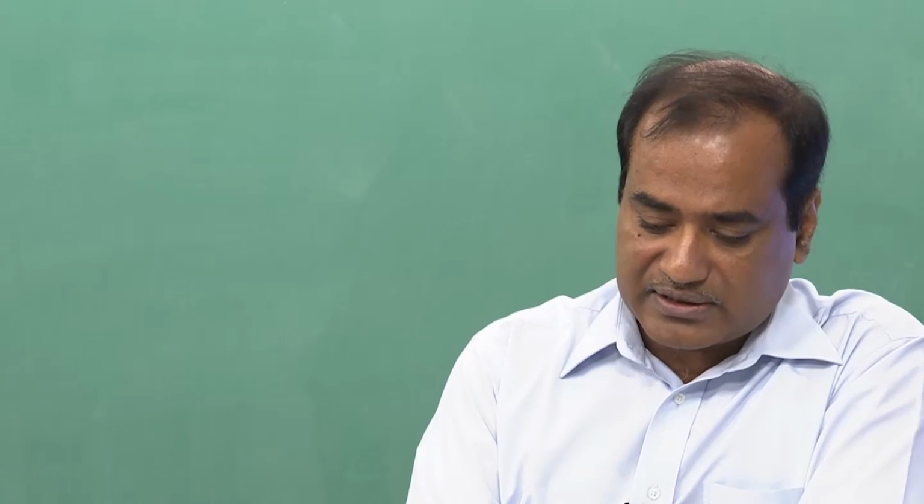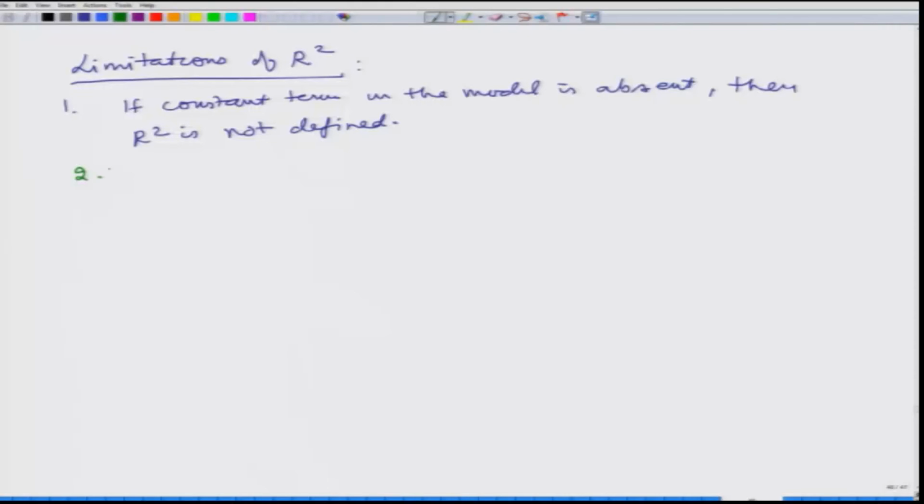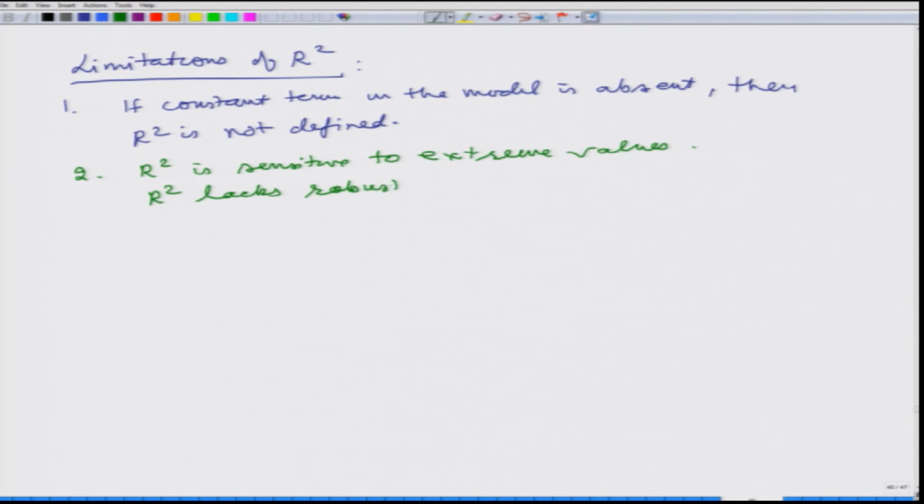The second limitation of R square is that R square is sensitive to extreme values. So I can say in simple words that R square lacks robustness.